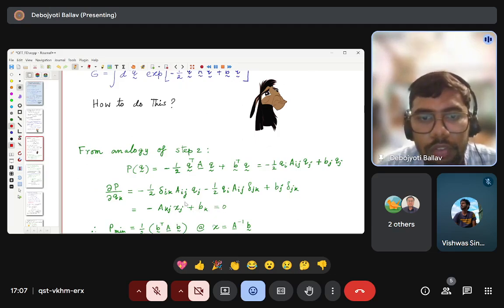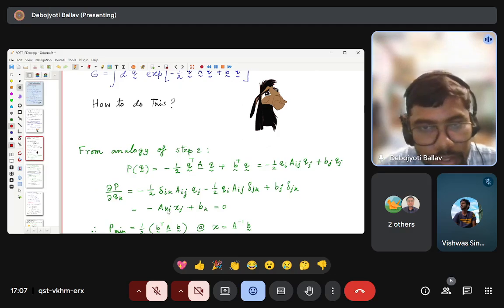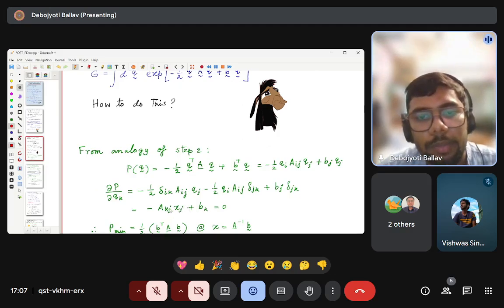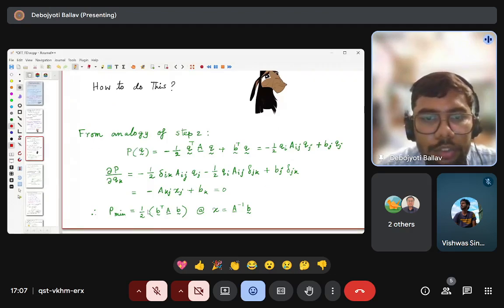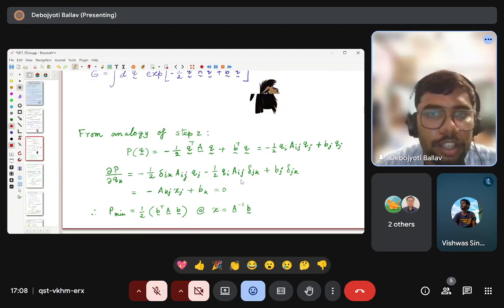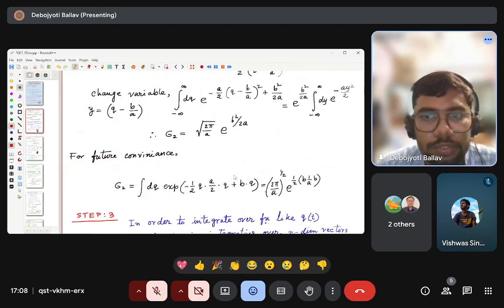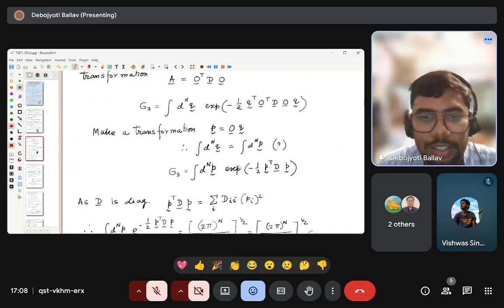Now you can solve for this xj. What is this xj? That will be A inverse B, nothing else. Because these aij are matrices, you will get xj by multiplying by the inverse matrix. So x is A inverse B, and your P minima is 1/2 B transpose A inverse B. Exactly the same: if you see your earlier version, you see 1/2 B 1 by A B, and this 1 by A is nothing but your A inverse.